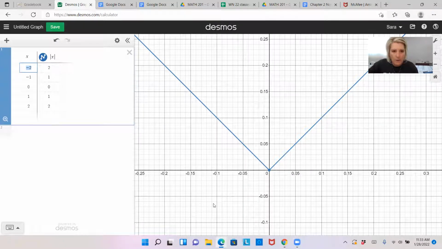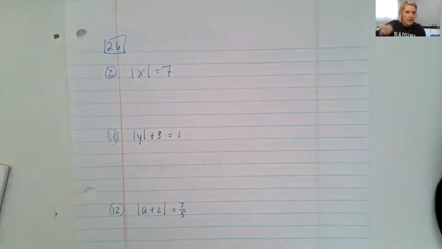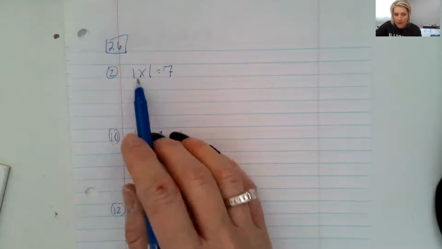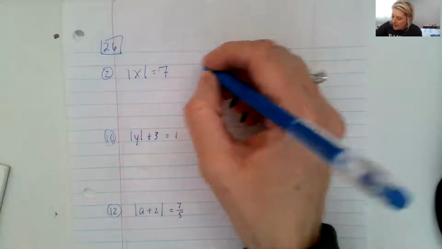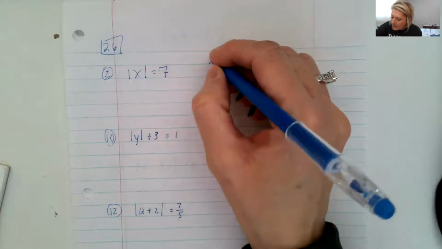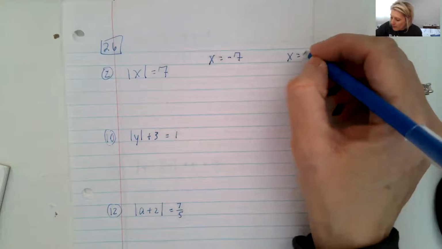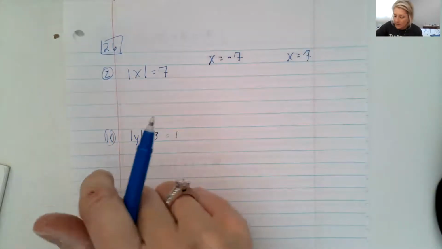Let's go back to my paper and talk about how we can solve these. Because it doesn't matter what is inside the absolute value, what comes out is a positive, the x inside could be a -7 or a +7, because what comes out is always going to be a +7.